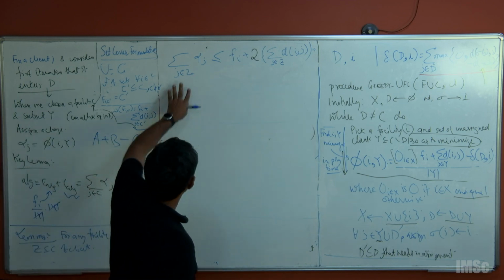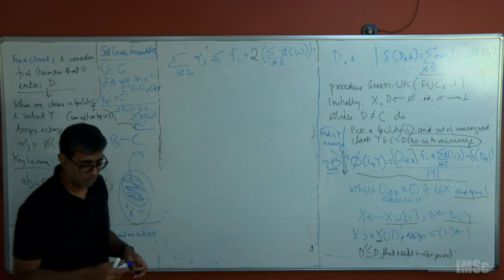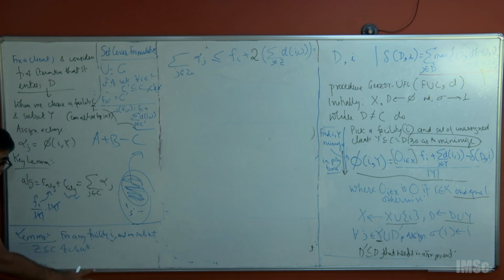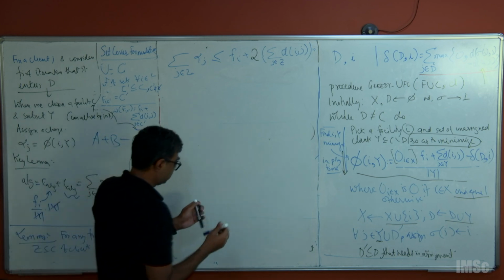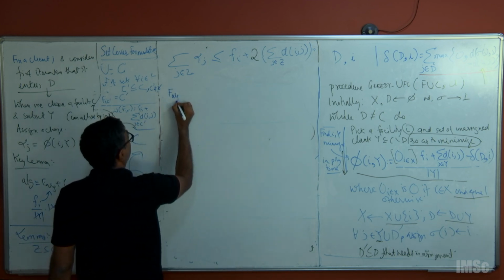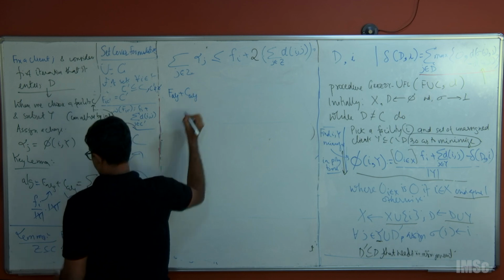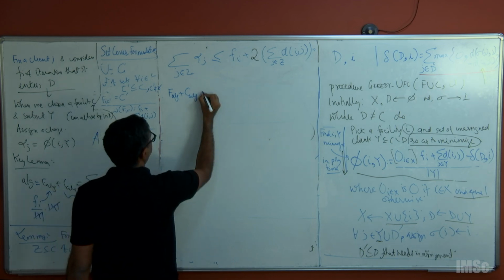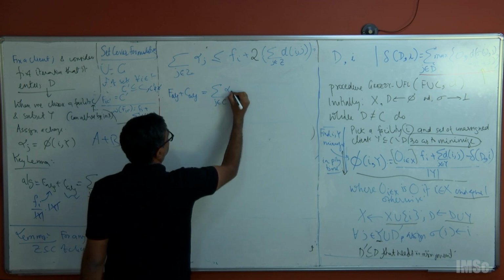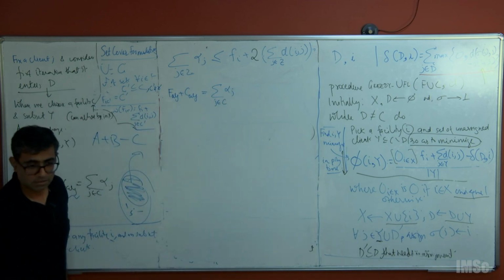All I have to care about is the bound on the summation of alpha j with respect to all the clients. That's all that I care about, no? So I'm saying, look, F alg, the cost of the algorithm, is equal to the summation of alpha j over j in clients.